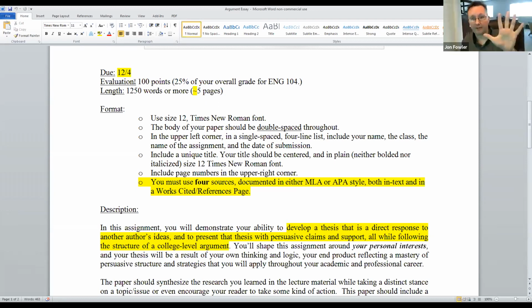The 7th through the 11th is finals week. So don't assume that your other classes are over just because this one will be done on the 4th. Okay. We will have finals week after that. And your other classes may be setting up tests or quizzes or something like that to be completed before you walk away from the semester.